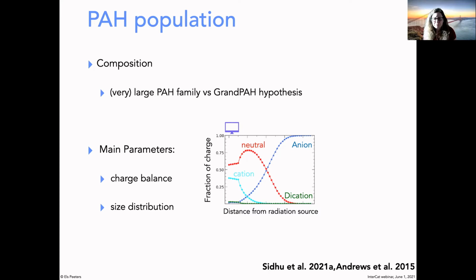Are we talking about PAH molecules which have 20 carbon atoms, 50 carbon atoms, 100 carbon atoms? I mentioned the word size distribution, so it probably means we have some kind of variation in the size. Not all the molecules in the population will have the same size. And as you can imagine, if you have different sizes of PAHs, each of these different PAHs will have a different charge balance because the ionization potential will be different, etc.